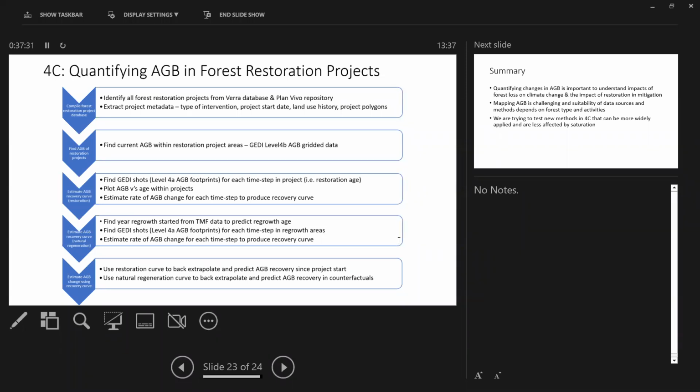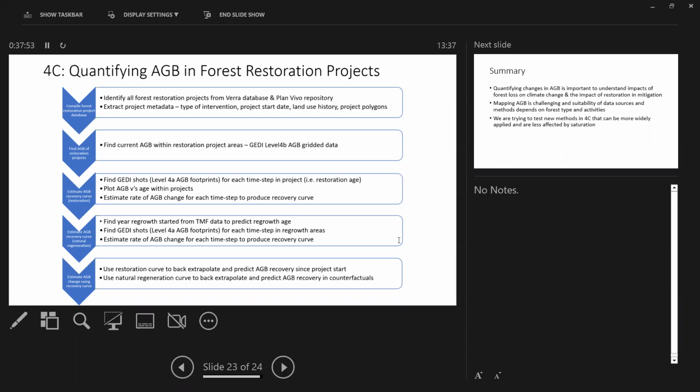My first task, which I'm working on at the moment, is compiling a database of restoration projects. So looking at pulling information from the Verra database and the Plan Vivo repository as well, and also looking at this Restore database to see if there's any useful information there, and trying to get polygon data that shows us where a forest is being restored.